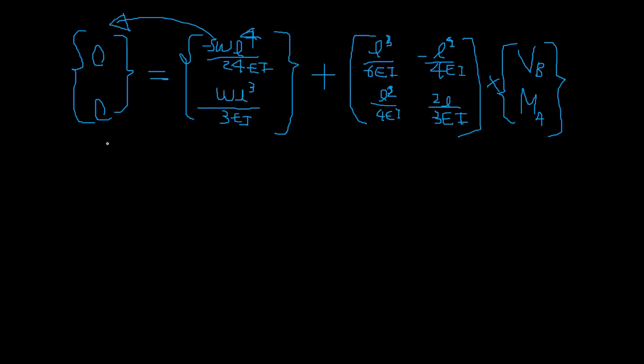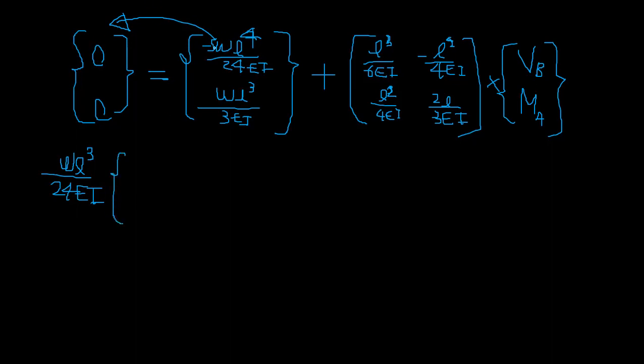So that becomes, I can take WL cube over 24EI out. Okay, so this becomes negative as well.